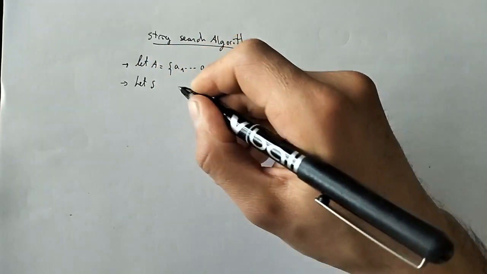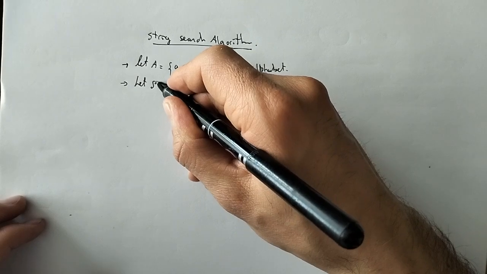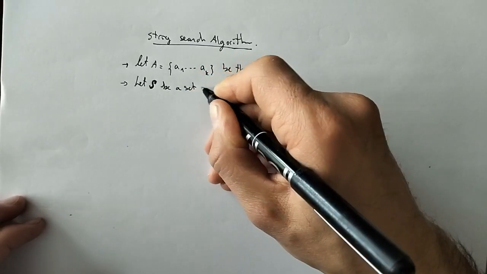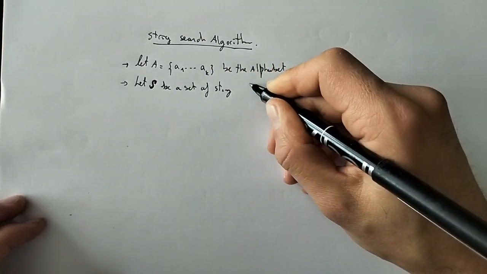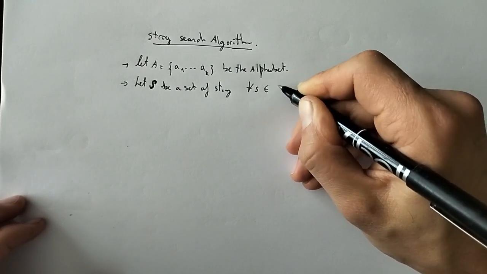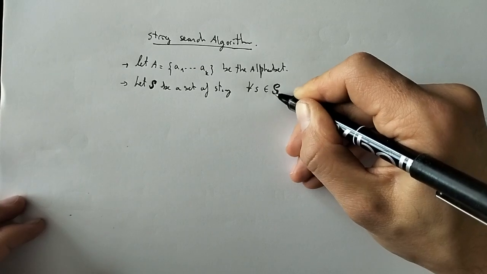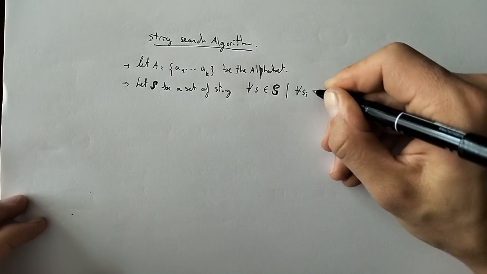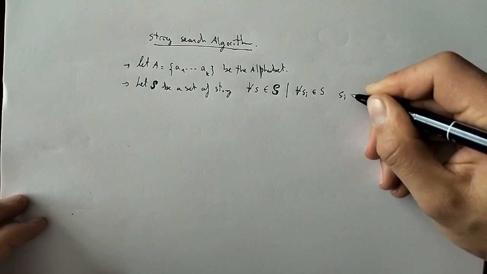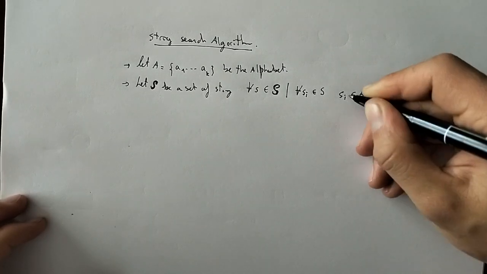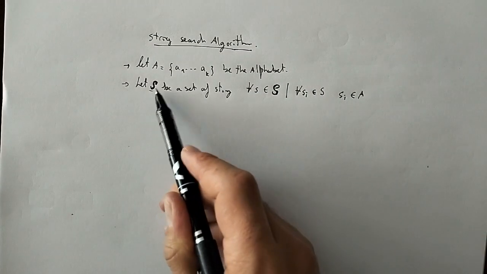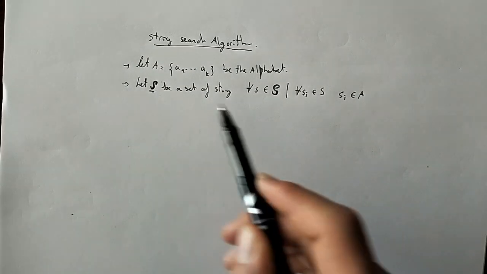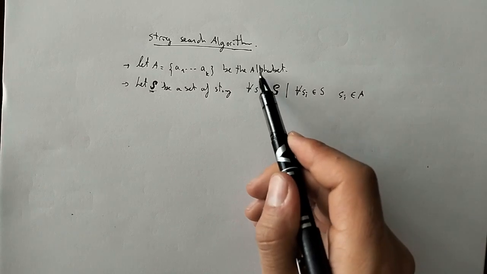Let S be a set of strings such that for all Si in S, Si will belong to A. So S here, this special S, is the set of all possible strings considering the alphabet.